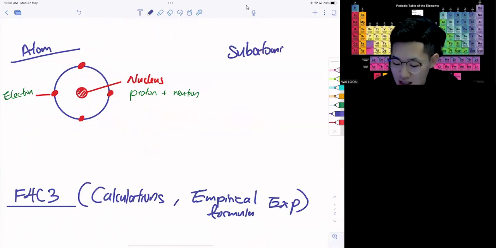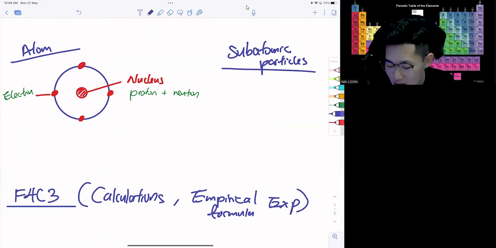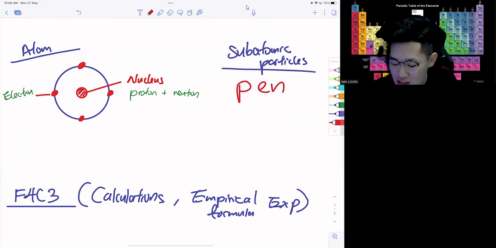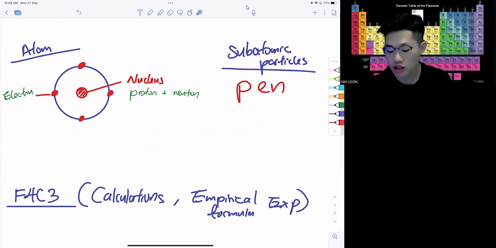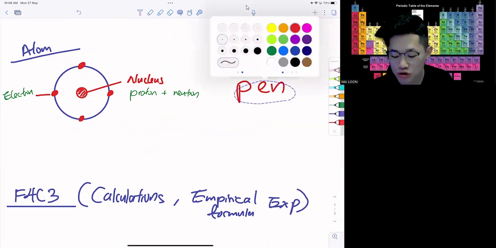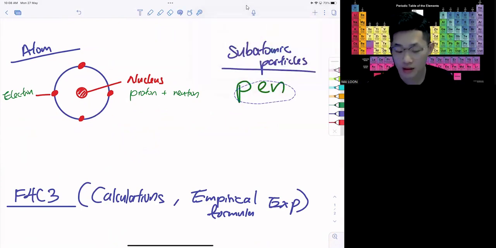Don't copy first. You have to try to understand what I say. So the subatomic particles are proton, electron, and neutron. Is that okay?